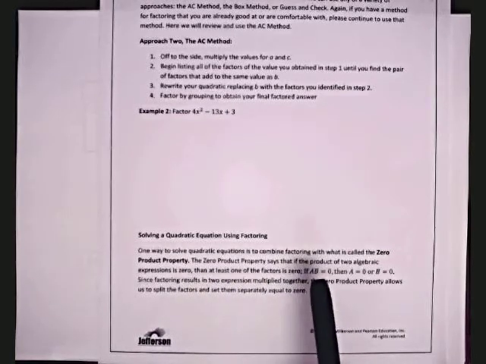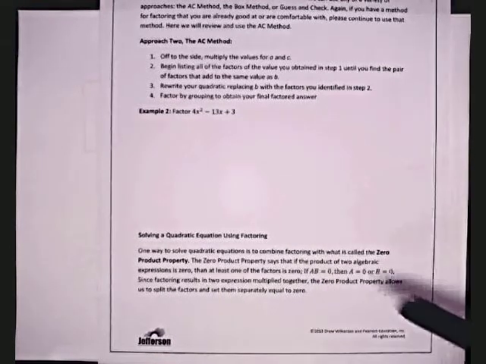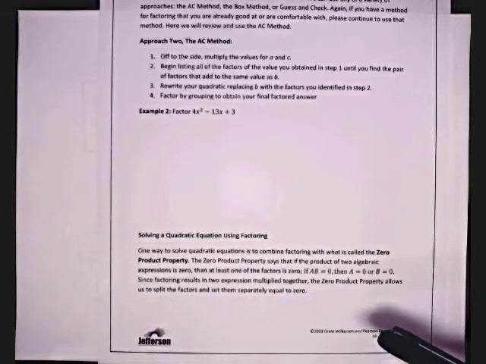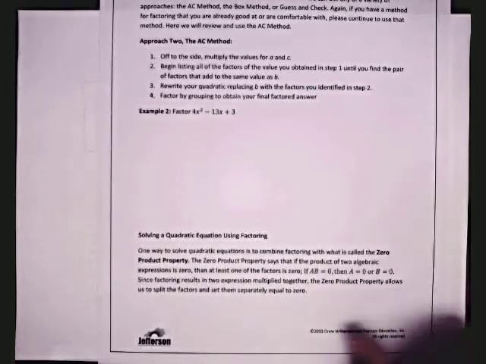Meaning, if you have two things multiplied together, a and b, and it equals 0, then the only way that can happen is either a equals 0 or b equals 0. So since factoring results in two expressions multiplied together, the zero product property allows us to split the factors and set them separately equal to 0.